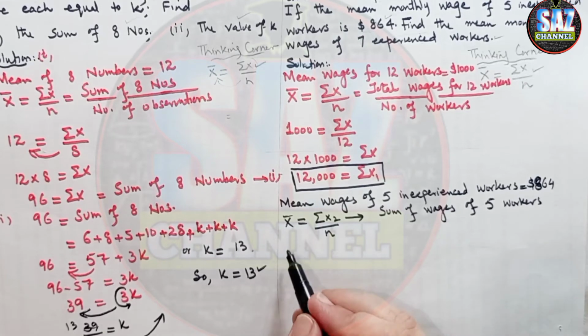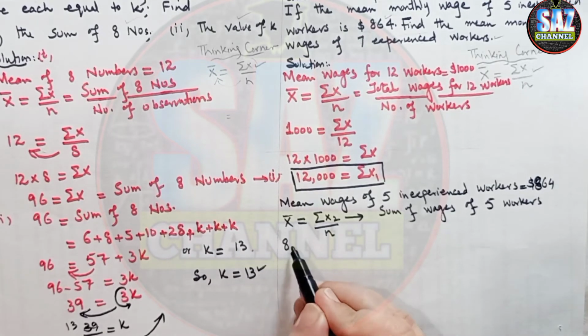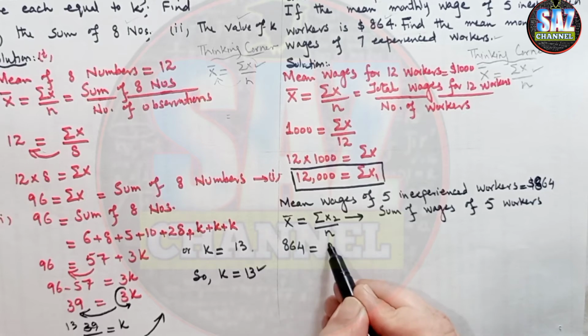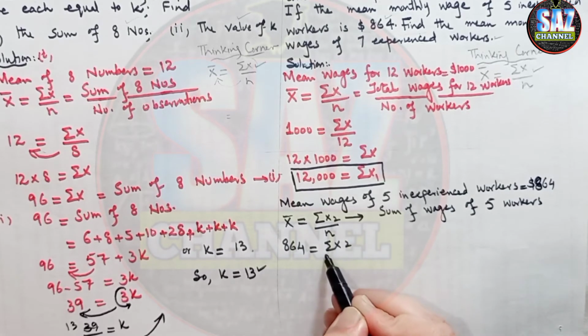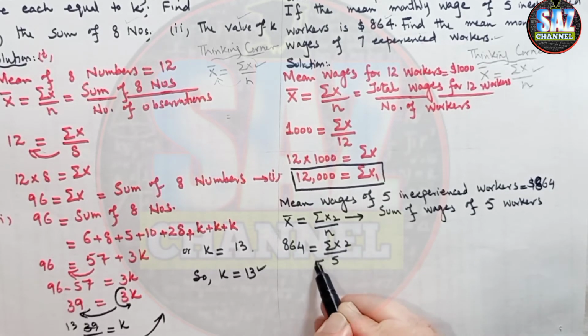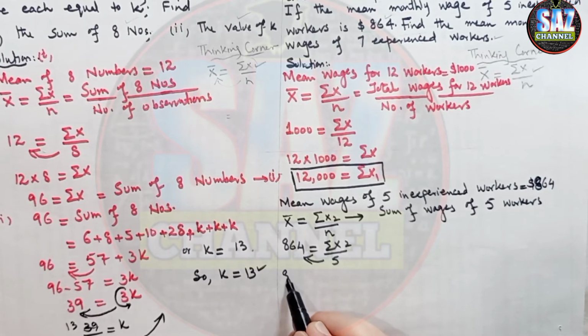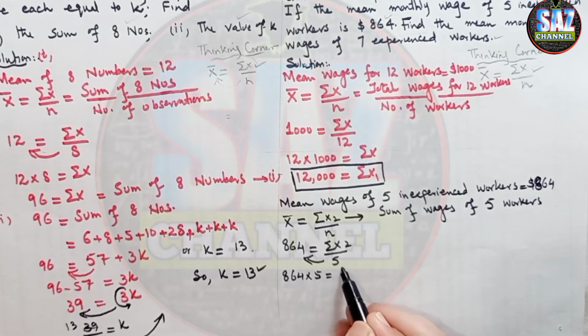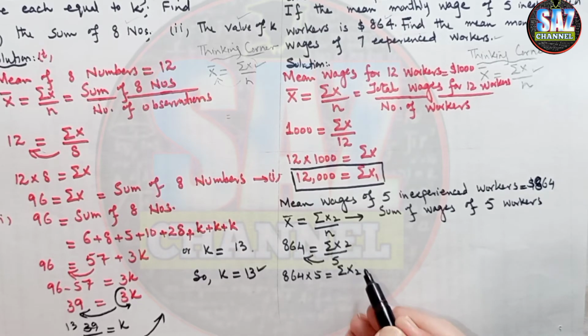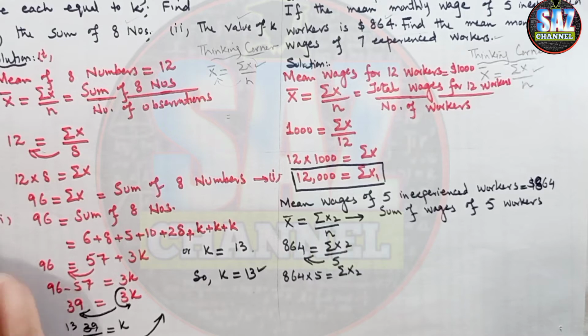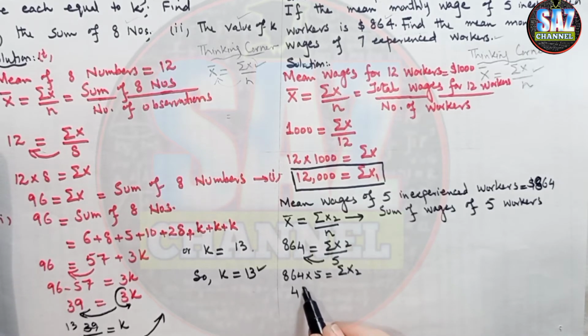Now we have to replace 864 here: 864 equals summation of x2 upon 5. Go for cross multiplication: 864 multiplied by 5 gives summation of x2, which is 4320.